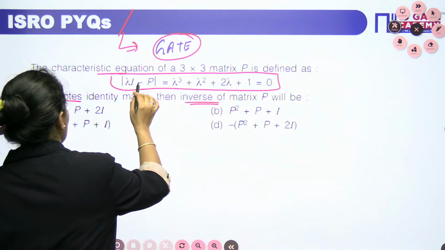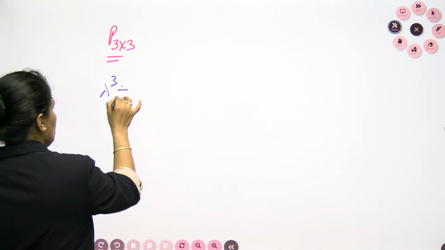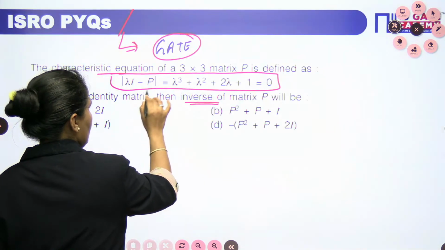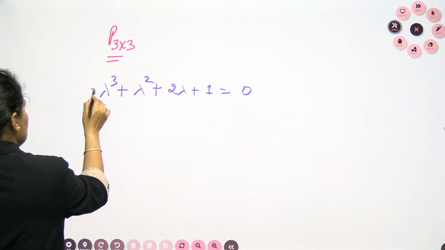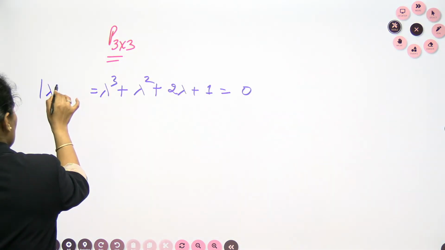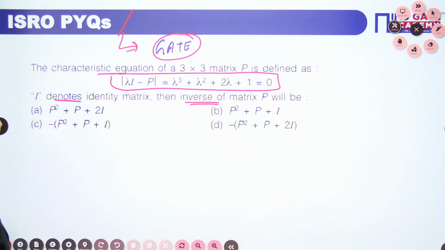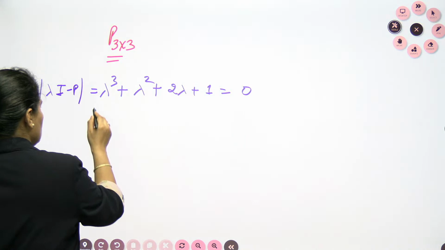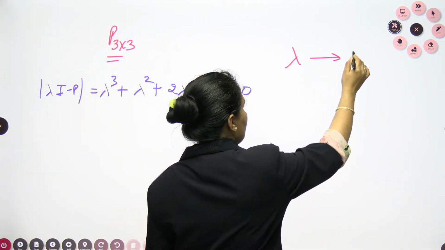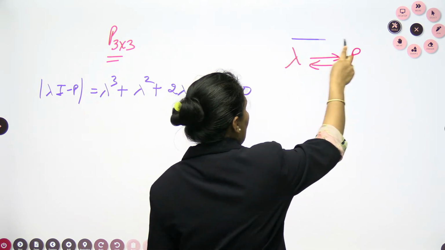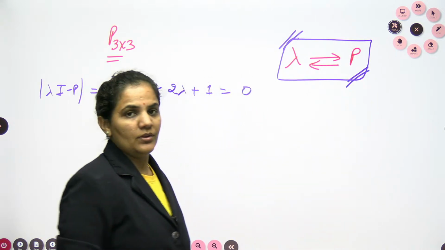So first of all, I can see the characteristic equation is lambda cube plus lambda square plus 2 lambda plus 1 equals 0, from lambda I minus P. And you are asking about the inverse of matrix P. So first of all, with the help of the Cayley-Hamilton theorem, at the place of lambda we can put P, at the place of P we can put lambda.